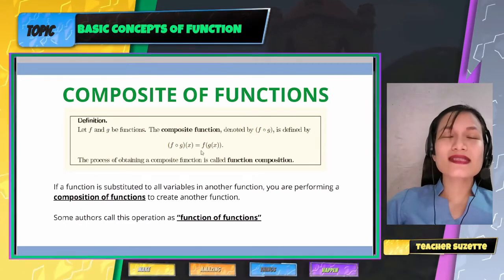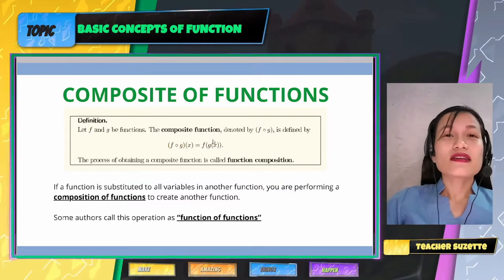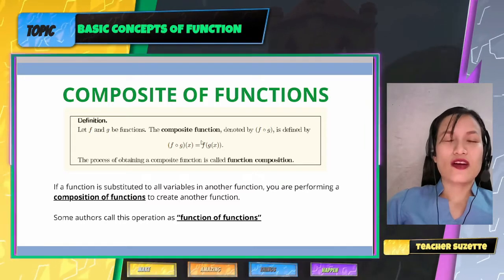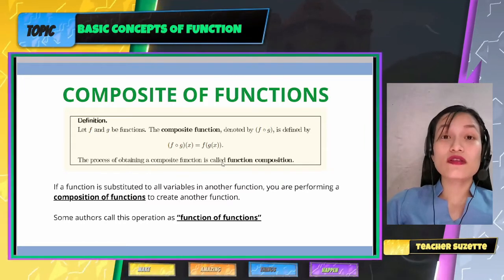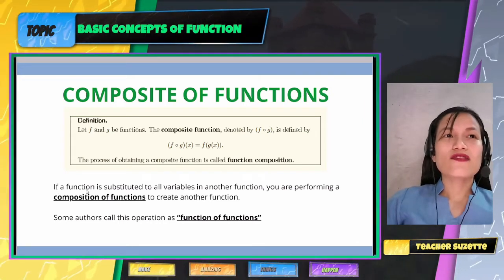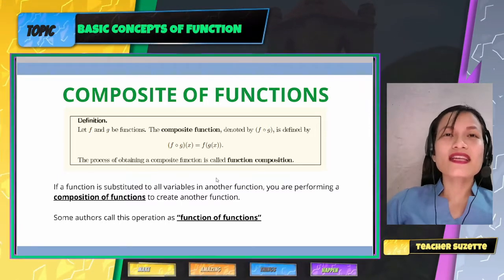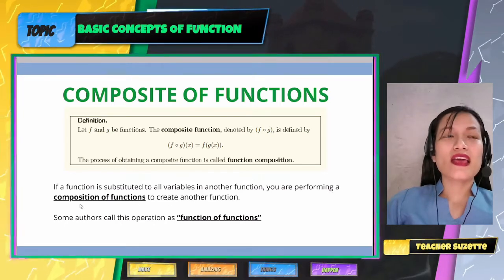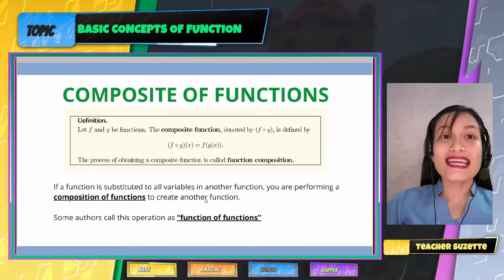So it means that you will have an inner function that is to be replaced in our outer function. The process of obtaining a composite function is called function composition. Also, if a function is substituted to all variables in another function, you are performing a composition of functions to create another function.